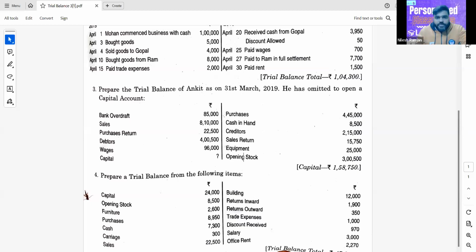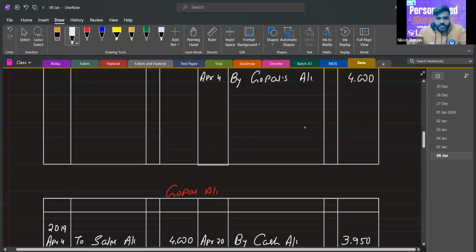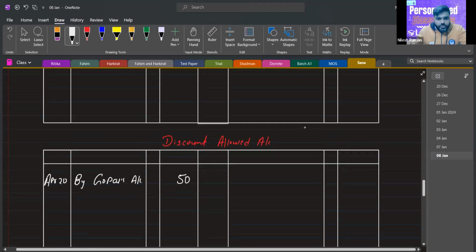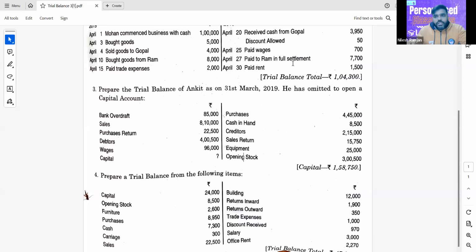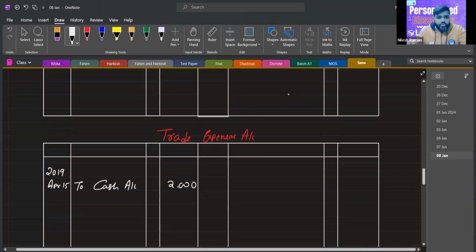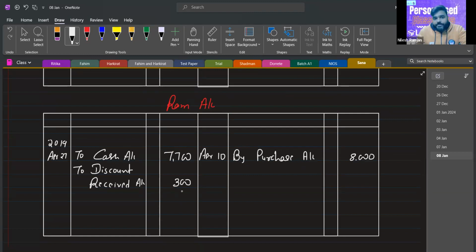After that, paid wages. So wages will be on the credit side of cash and in wages account, it will be on the debit side to cash. After that, paid to Ram in full settlement. So it is Ram account debit to cash and to discount received, 7,700 and 300.